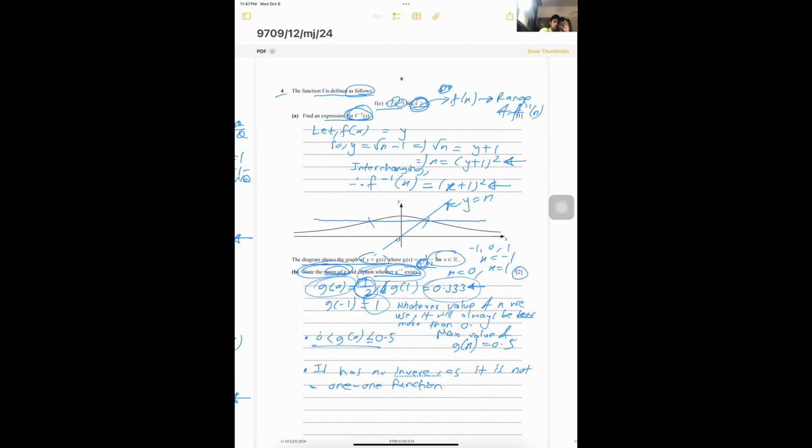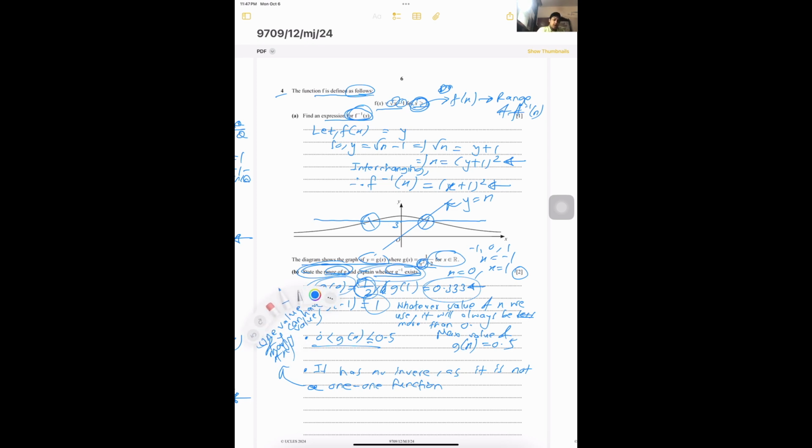I think I've just told you the opposite. No. So one value of y, like we can see, let's say this is 3, can have two values of x. So what this means is, I'm so sorry, I told the opposite, one value of y can have many values of x.